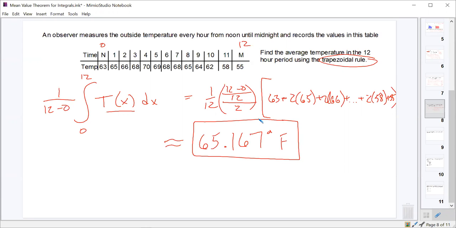Good or no? Any issues there? Okay. All right. Okay.